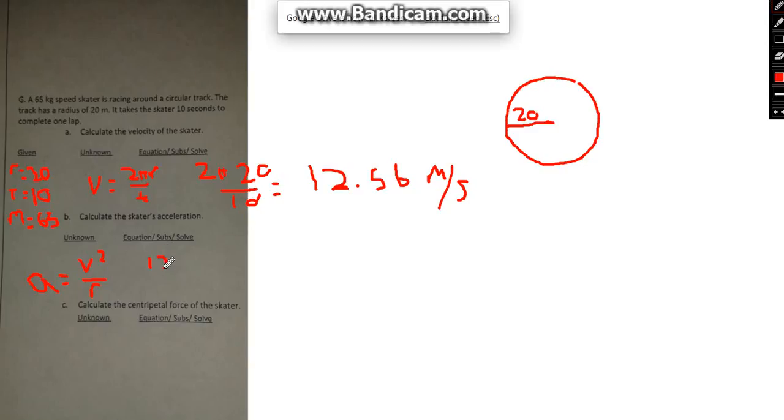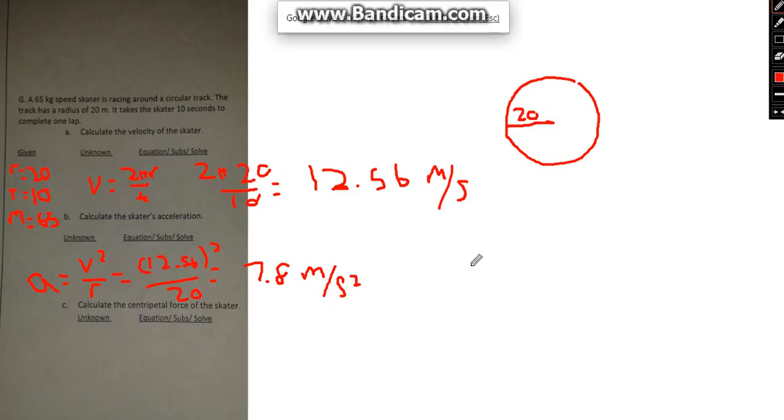Velocity is 12.56 squared, and then we already had a radius, which is 20. So you end up getting 7.8. These units, since it's acceleration, would be meters per second squared.